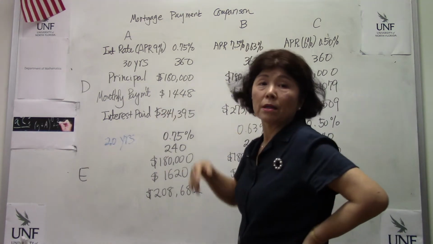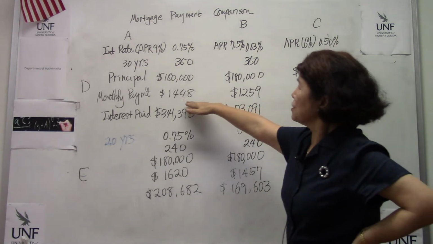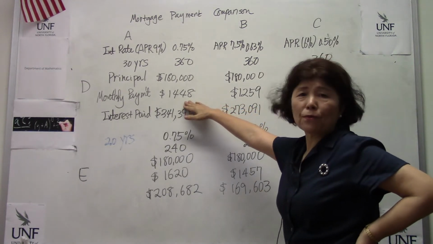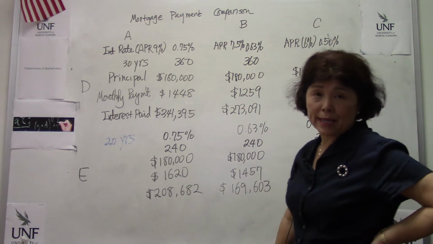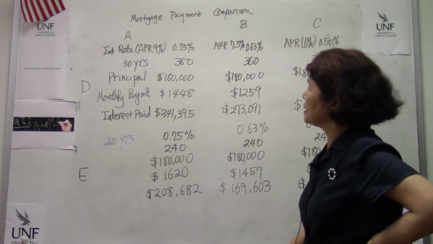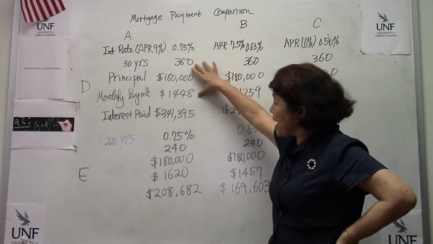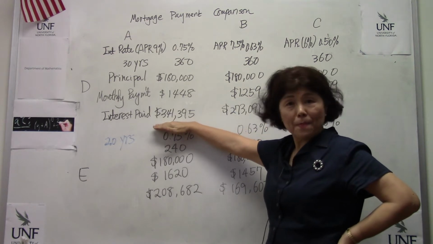That is the concept of decreasing annuity. Here, the monthly payment is $1,448. I dropped all these cents. Okay, so that's the dollar amount.